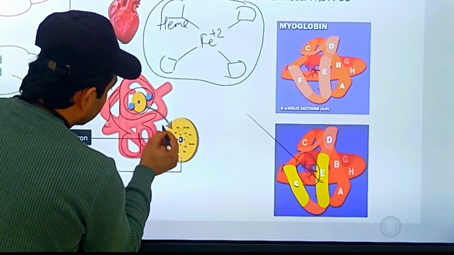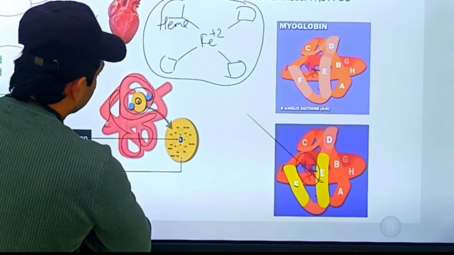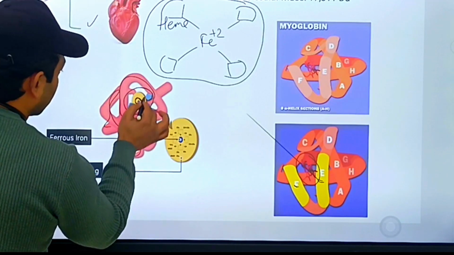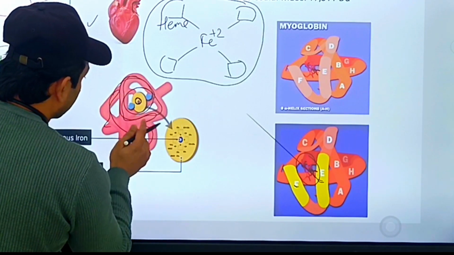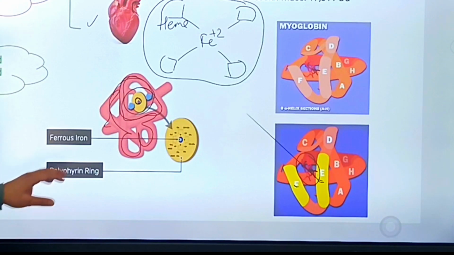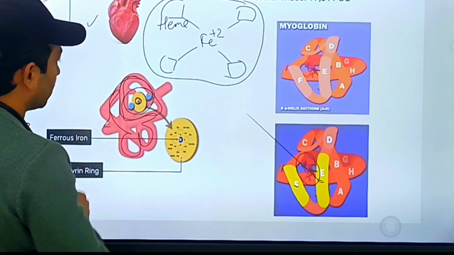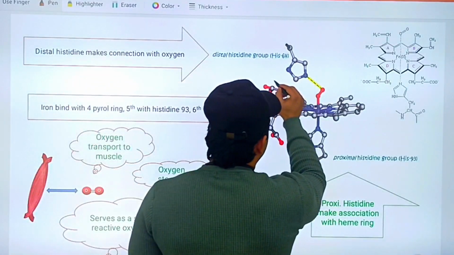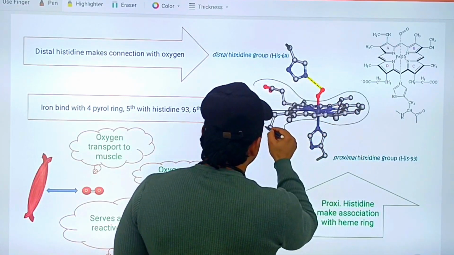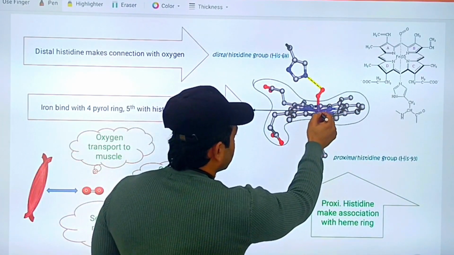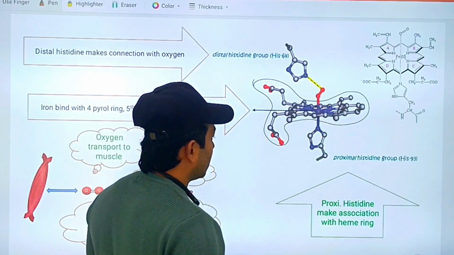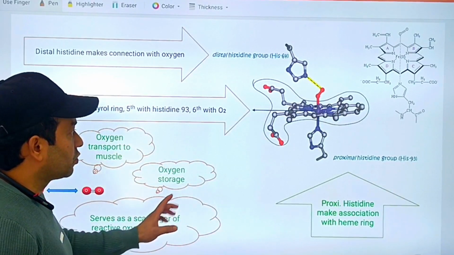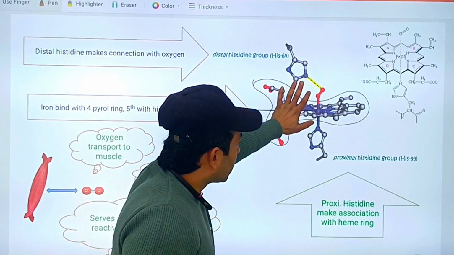In the heme moiety the center iron is there, and this center iron will connect with the protein molecule. Here, this is your heme moiety, and this is your central iron part. As I said, your myoglobin protein is going to connect with this heme moiety.